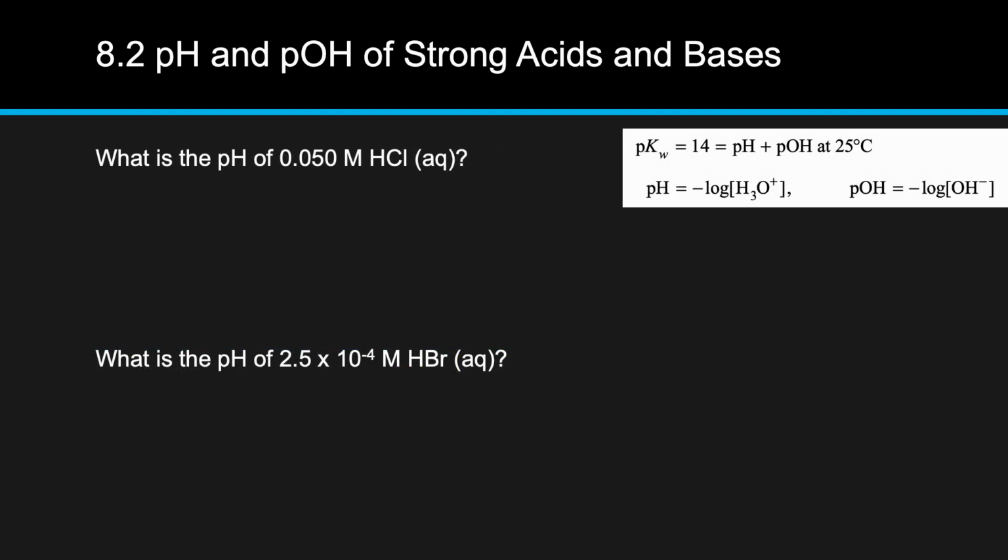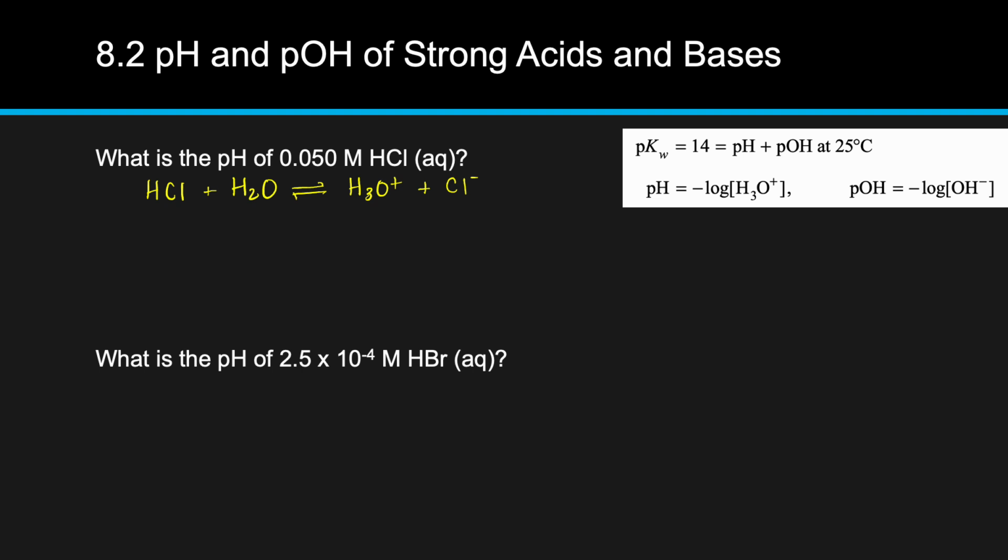All right, so this first example says, what is the pH of a 0.05 molar HCl? So when we're talking about HCl, we know it's a strong acid, and that means when HCl comes into contact with water, it fully dissociates into its constituent ions, which would be H3O+ and Cl-.